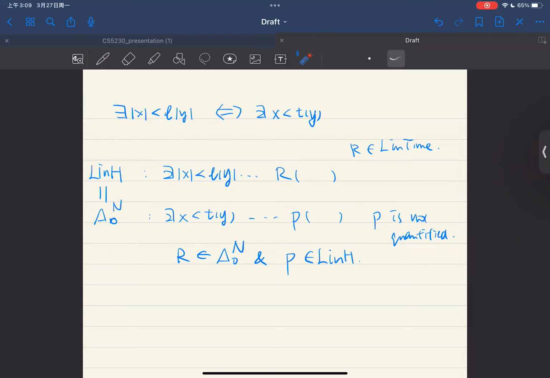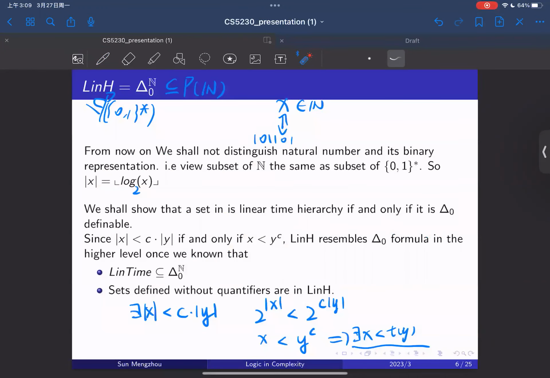We want to show that this R is actually in Delta 0, and this P is in the linear hierarchy, right? Because we know that the bounded quantifier outside is just the same. So we need to show that linear time is Delta 0 definable, and sets without quantifiers are in the linear hierarchy.